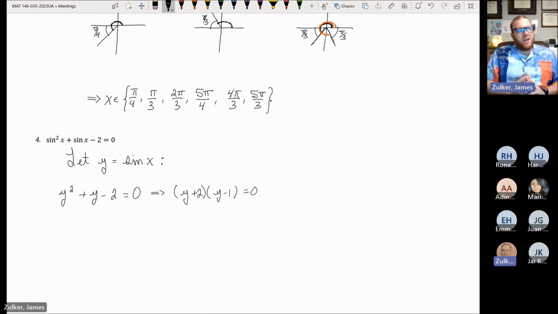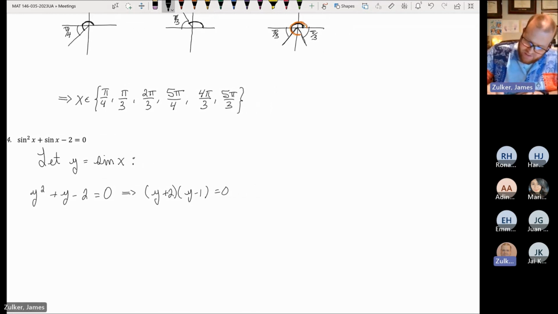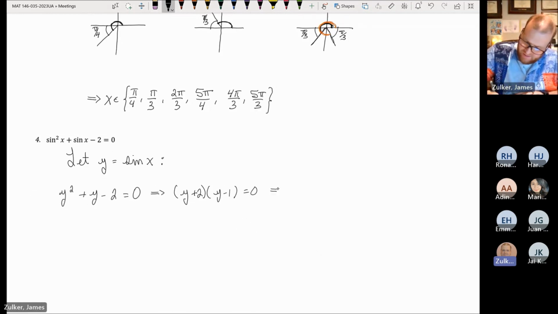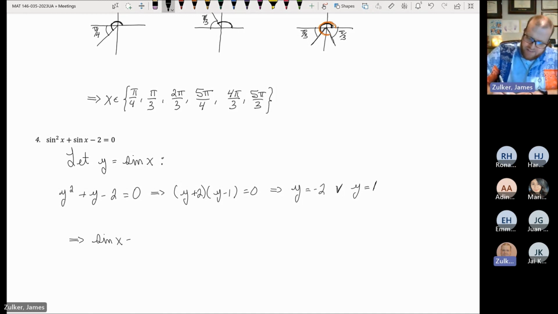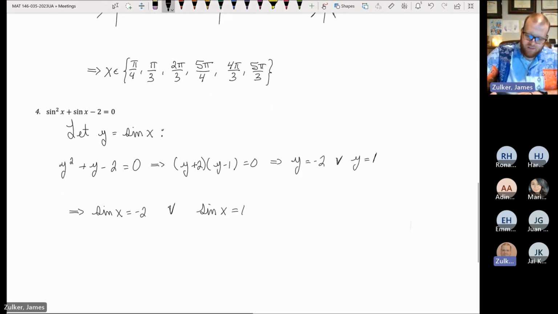We get y plus 2 times y minus 1 is equal to 0, which means y is negative 2 or y is equal to 1. But remember, we did a change of variable. So what this means is sine of x is equal to negative 2 or sine of x is equal to 1.